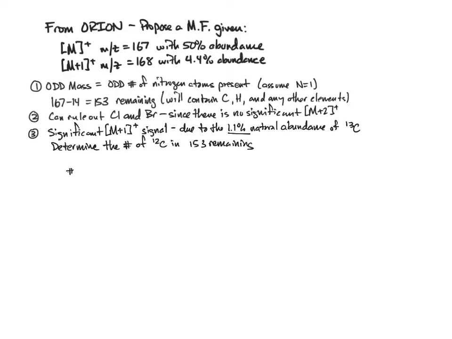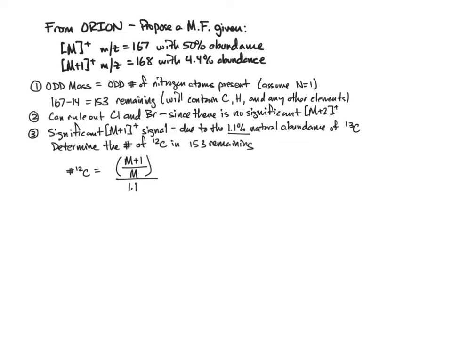This is in your book. So number of carbon, we can take the following quotient. We take the percent abundance of the M+1 peak, divide that by the parent peak M, and that whole thing we then divide by 1.1, which we get from the natural abundance of the C13.